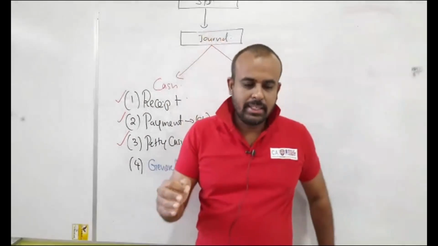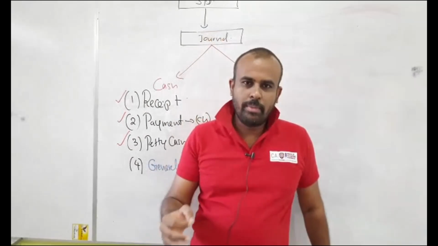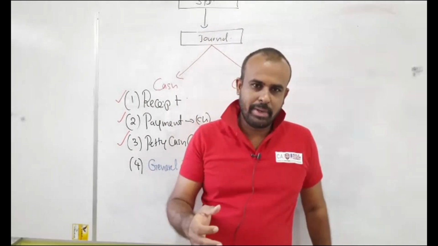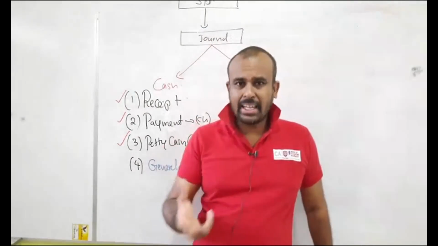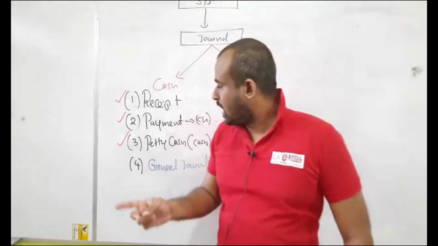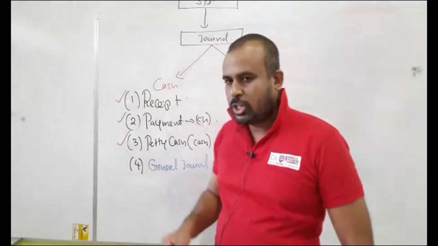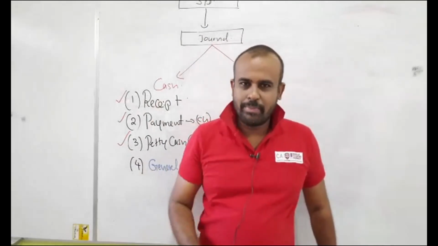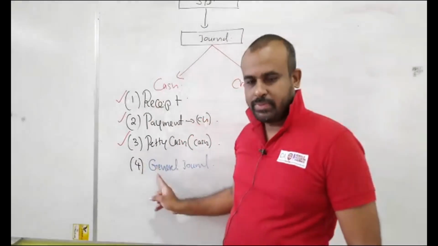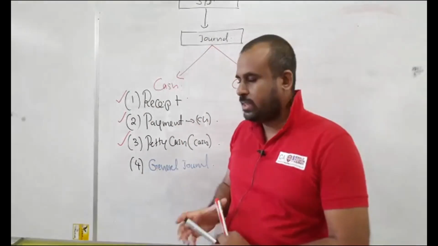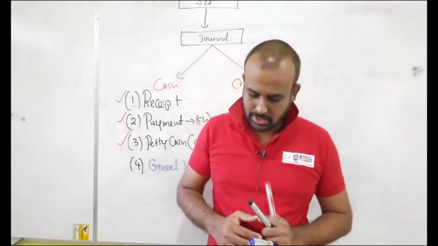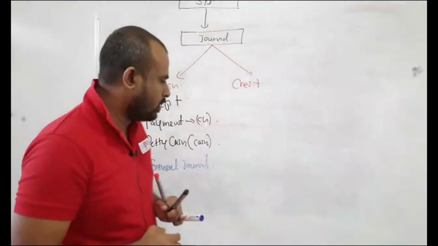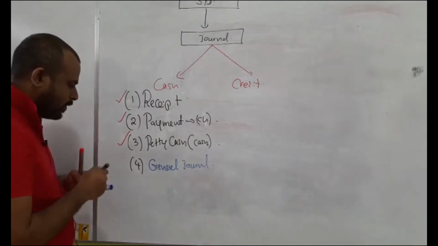Therefore, bank charges, checkbook charges, standing order payments, direct deposits, direct remittances, errors in the cash control, all these are cash transactions, but none of these can be recorded in any of these three special journals. So where do you record them? In the general journal. Therefore, the general journal also will be used in recording cash transactions, that you need to understand.